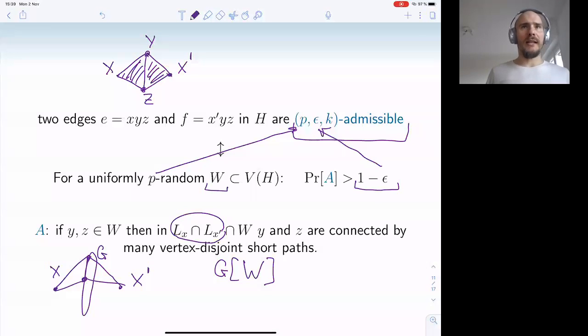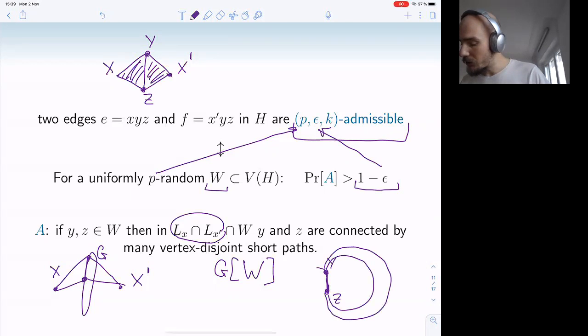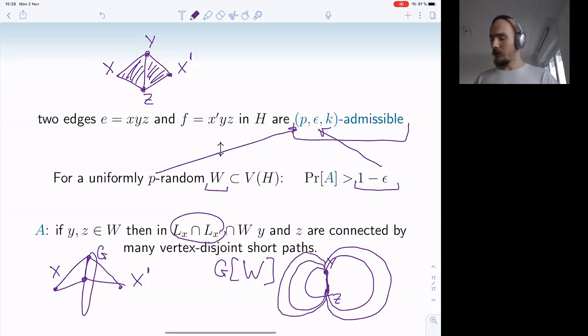And what we want there is that our two other vertices, Y and Z, which were, by the way, connected by an edge, of course, because X, Y, Z was an edge, are connected by many vertex disjoint short paths.